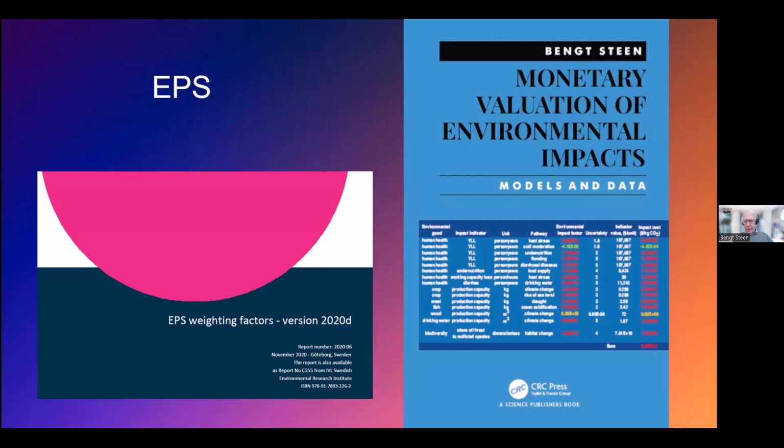The detailed description of the models and data can be found in a book on monetary evaluation, which I wrote a couple of years ago. It's available, or if you are at Chalmers, you can download it electronically from the library.